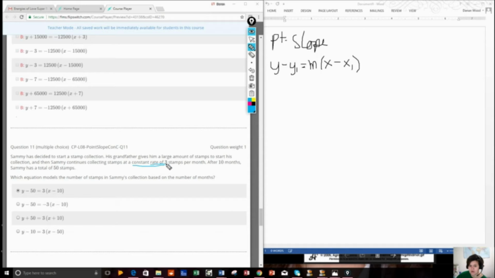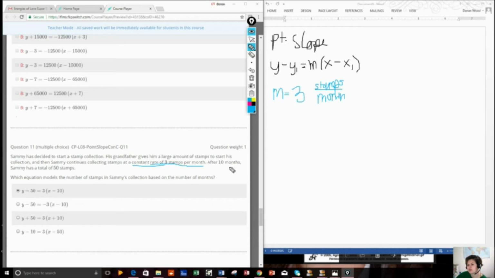That is what slope is: 3 stamps per month. So our slope is 3, in stamps per month. After 10 months, Sammy has a total of 50 stamps.